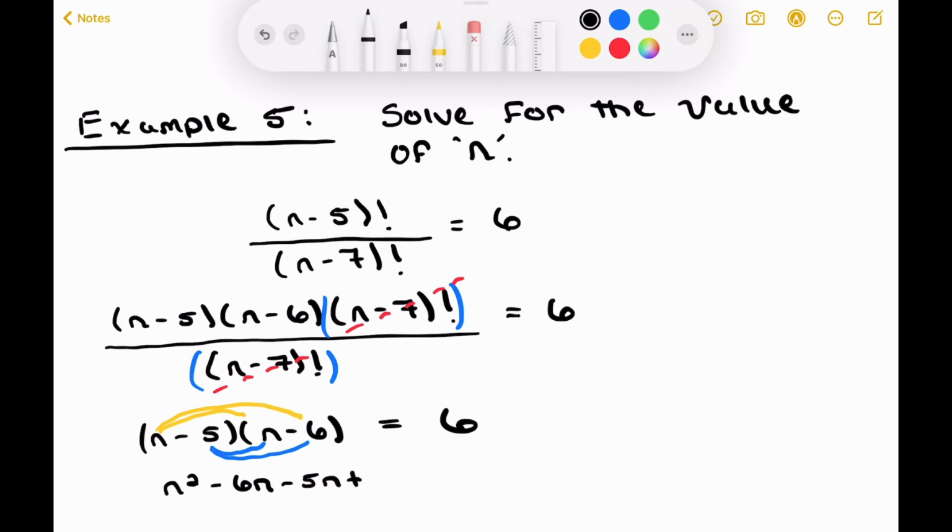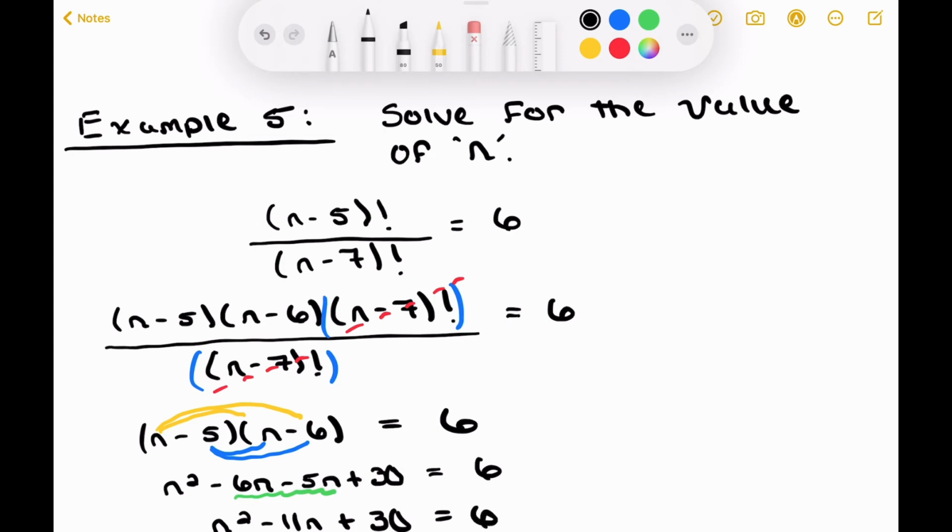That's going to give us plus 30. And then that's equal to 6. And now we just need to simplify negative 6n and negative 5n. So we're going to get n squared minus 11n plus 30 is equal to 6.